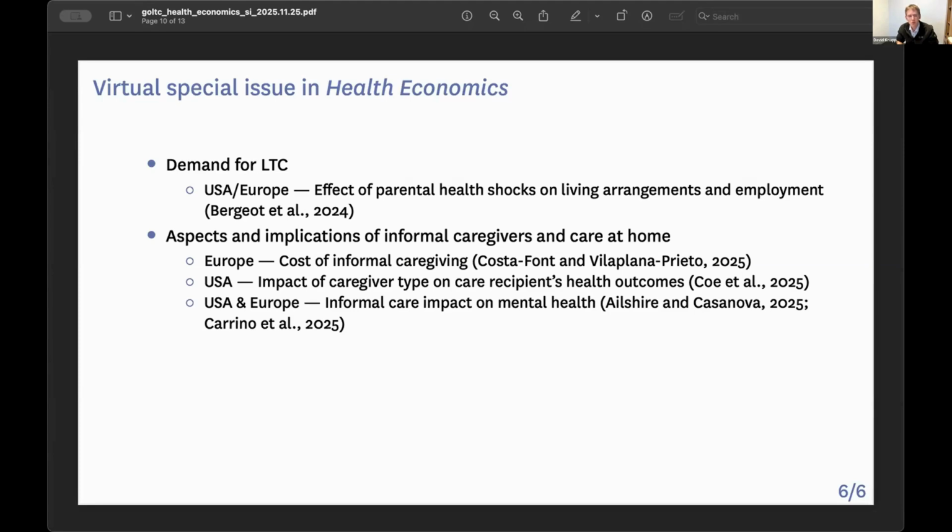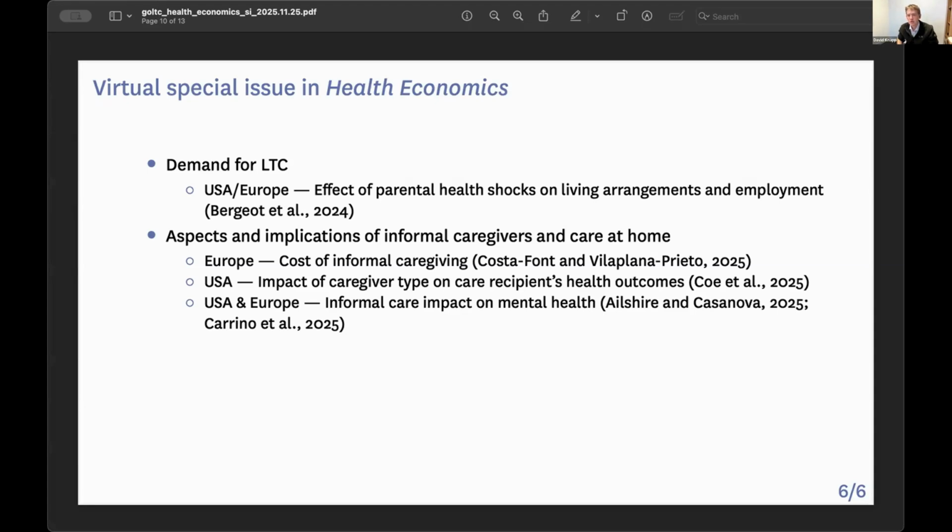And the authors end up using a well-being approach, which is a non-monetary approach to estimating the cost of care, and they use SHARE data. Their model produces an estimate of compensating surplus, which is the income equivalent transfer required to compensate for the net cost of caregiving. And they find that there's substantial variation in this compensating surplus for caregiving within the European countries that they study. And they discuss how some of these differences connect to long-term care systems.